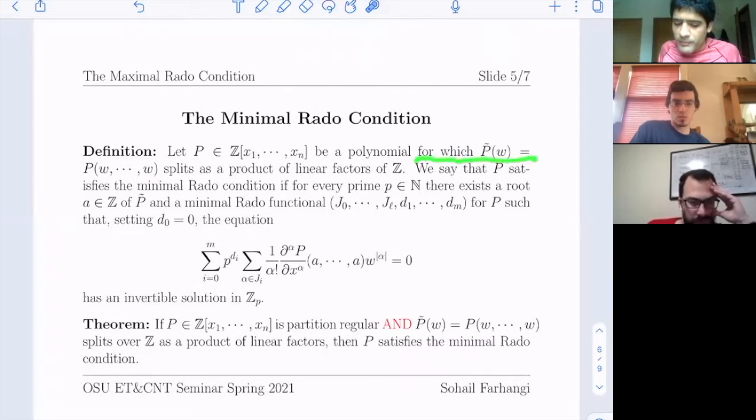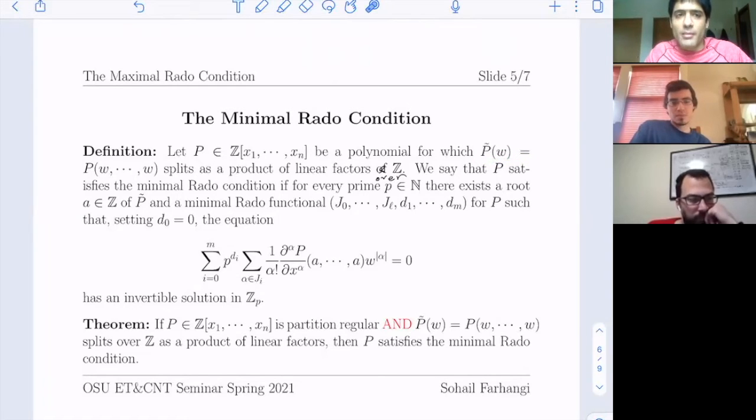We have to assume that this polynomial, p tilde, which is defined by setting all of the variables to be the same, splits as a product of linear factors over Z. This is a fairly strong assumption, but having read their proof, I don't see any way to remove it, which is unfortunate. So for now, we have no choice but to keep this extra assumption.